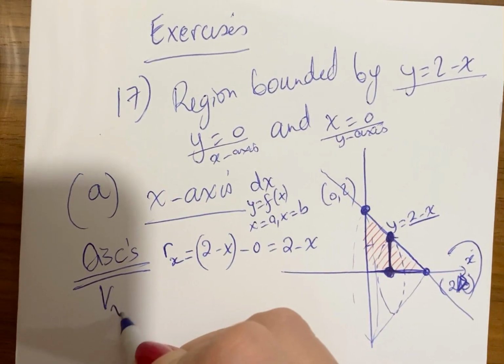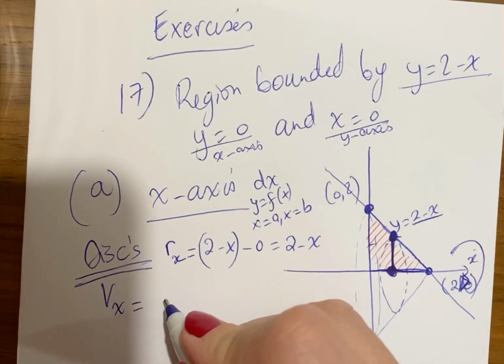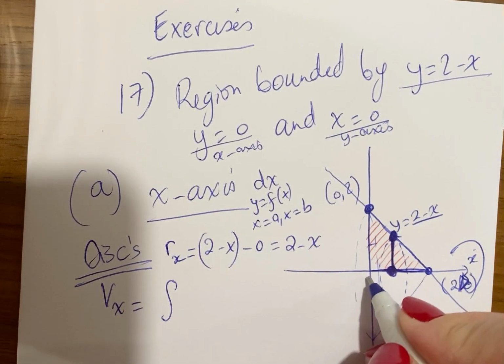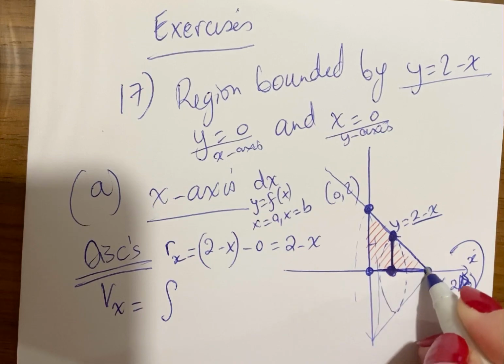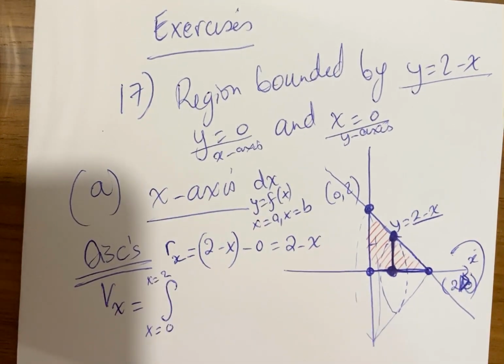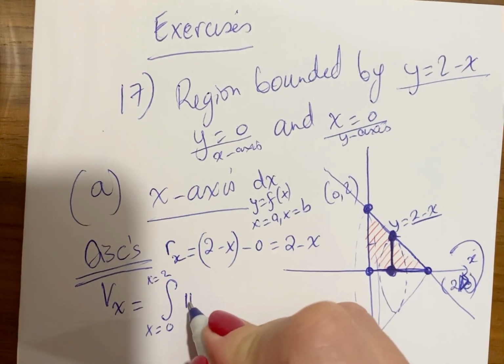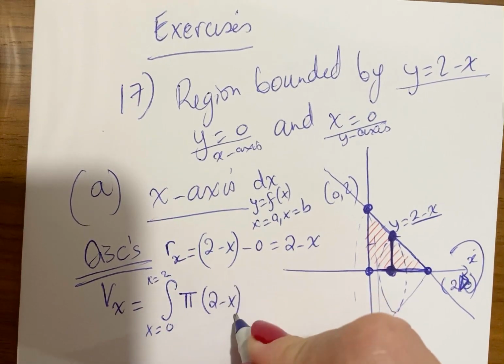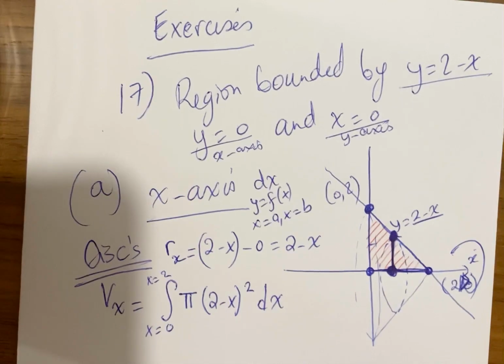Then what will the volume be? V will be equal to the integral. The x goes from where to where? The x goes from 0 to 2 of, what is the area of one disc? Pi r squared dx.